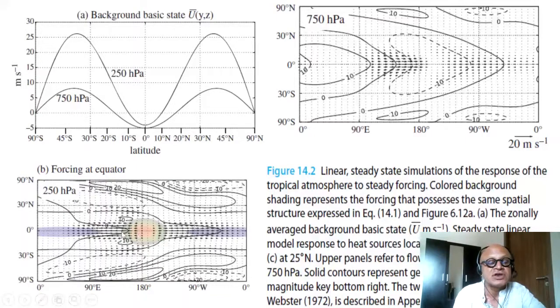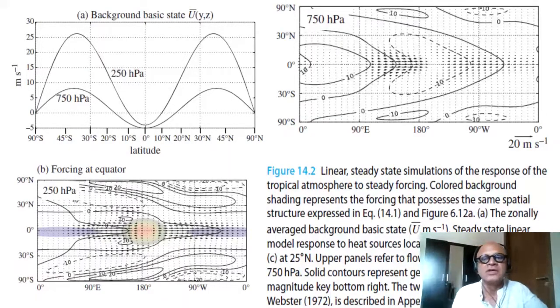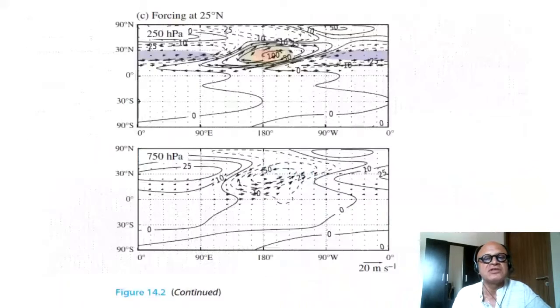So you can see here easterlies and westerlies diverging away from the heat source in the upper level, with corresponding opposite signed cyclone anticyclone pair at the lower level and the upper level. So this divergent large scale flow is baroclinic, and we don't need the restrictions of the weak temperature gradient here.